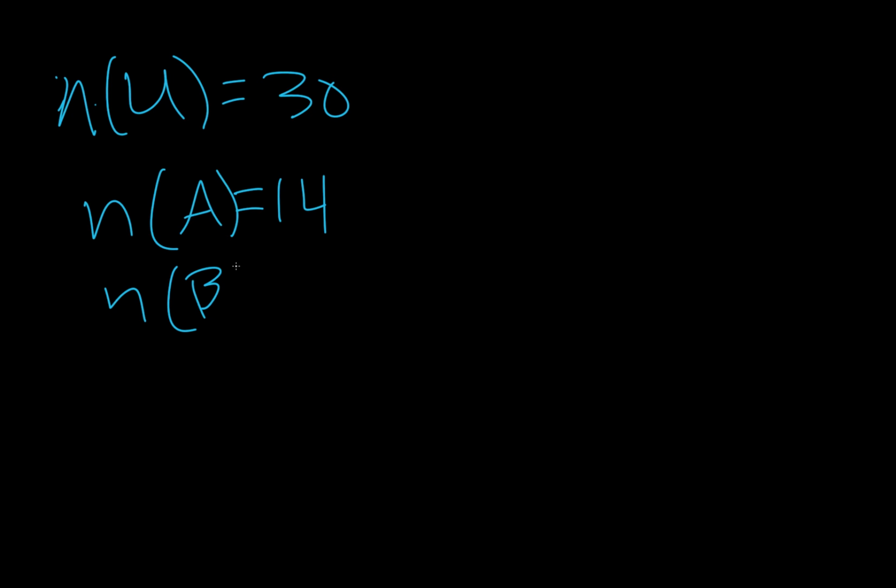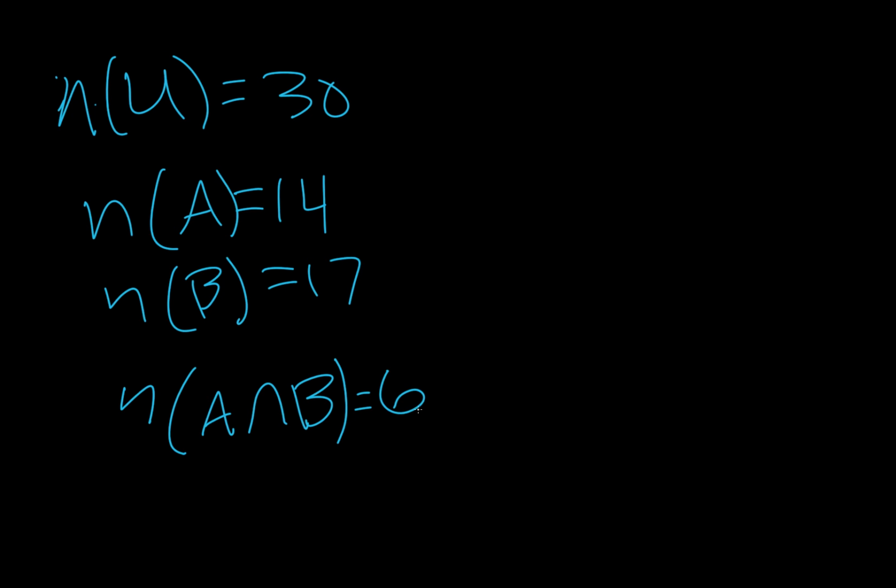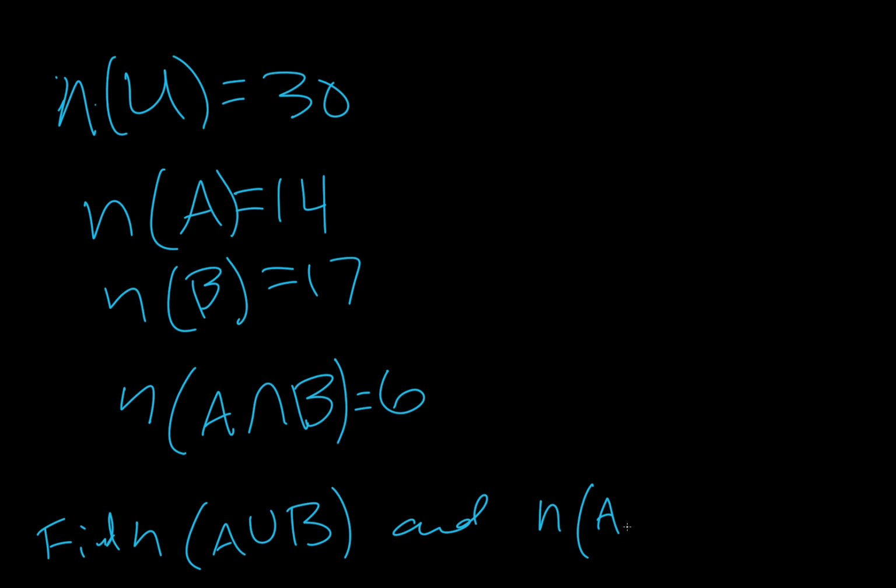And in B, there's 17. And the intersection of A and B, there are 6 elements. It wants us to find n of A union B, and n of A but not B.